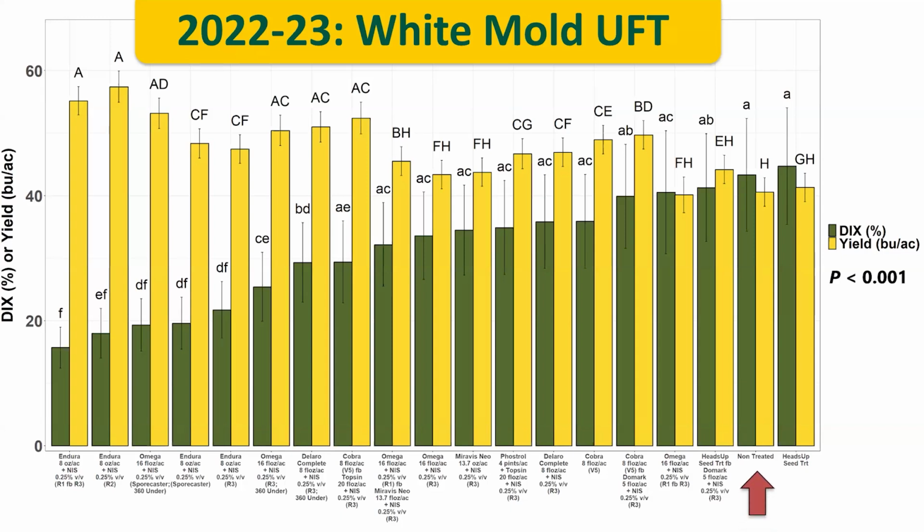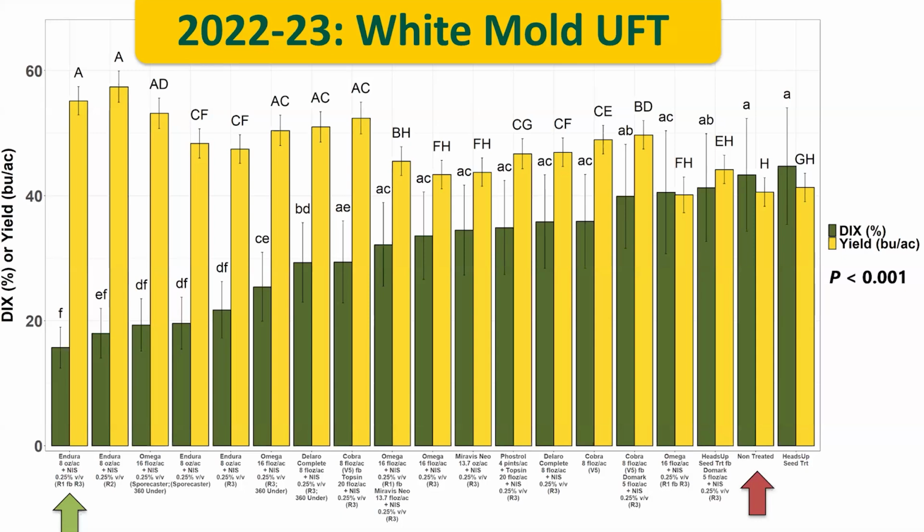Our non-treated is on the right-hand side with this red arrow, and the Endura 2-pass program, R1 followed by R3, is over here on the left-hand side with the green arrow. We do see this trend where as disease development increases, yield decreases, and that's what we would expect.